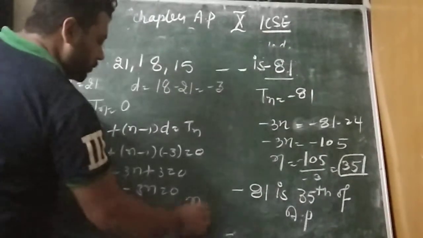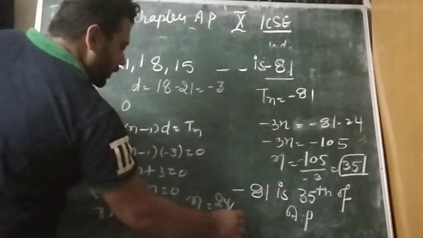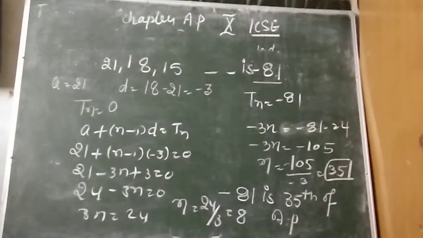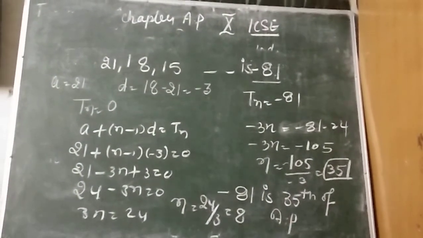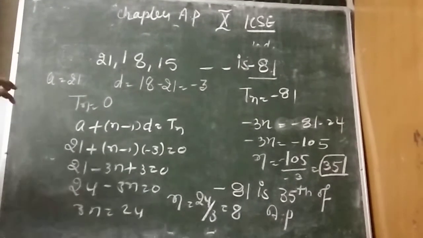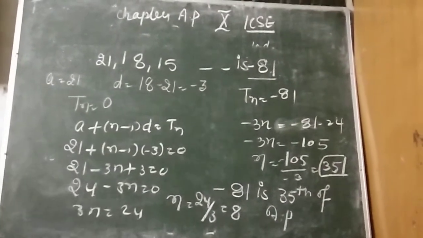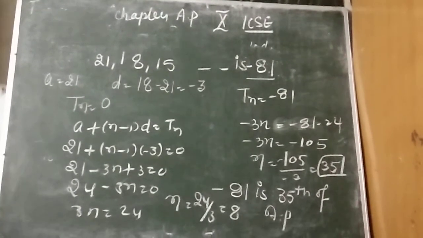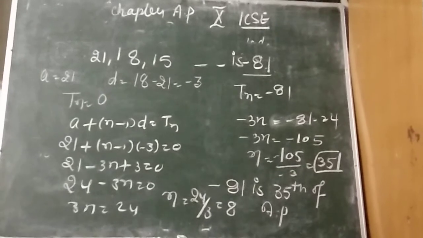So n equal to 24 divided by 3 equal to 8. So it means the value of n is a positive integer. It means 0 is a term of this sequence, and which term, at which number, it is the 8th term. So students, you have to note down this question.